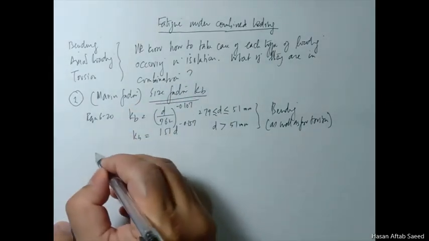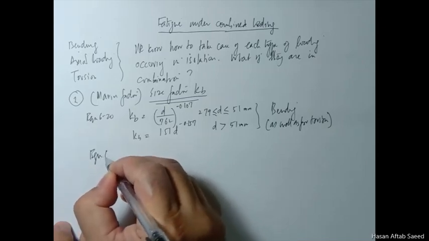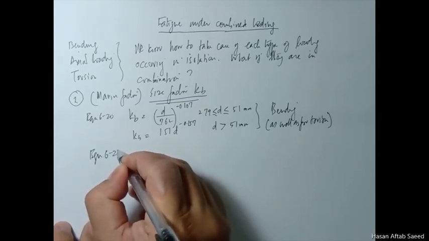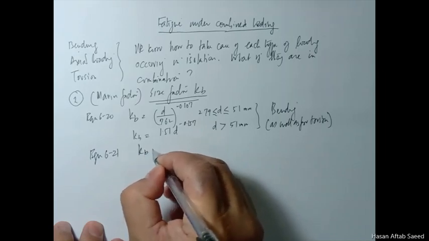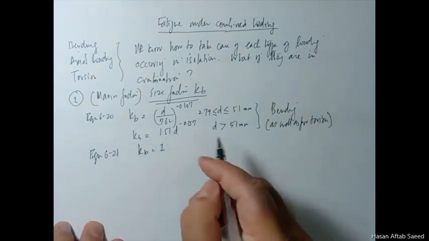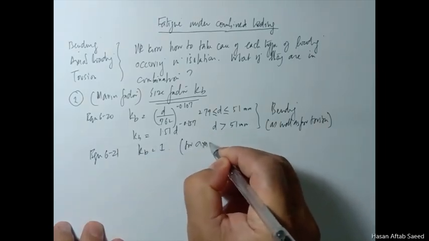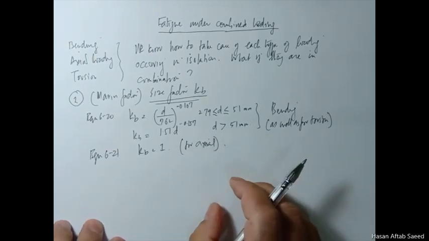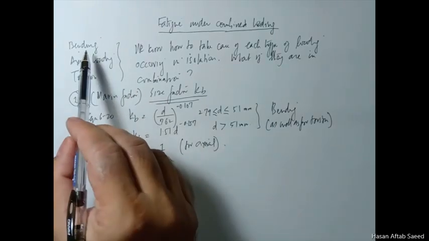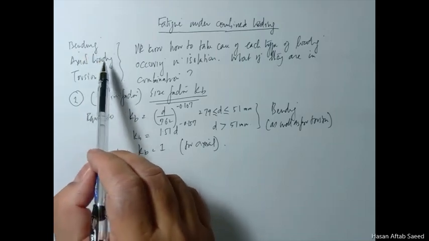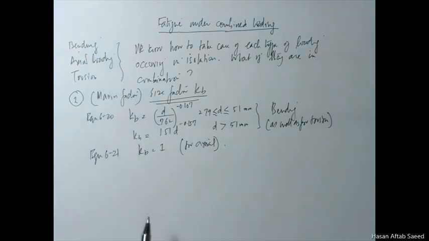But when it comes to axial loading, as one can see from equation 621, KB is taken to be 1. So the first problem that we encounter is this: if we are experiencing bending, axial, torsion all at the same time, which of these values should be taken? So this is our problem number 1.